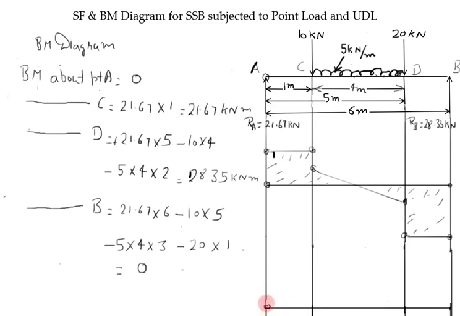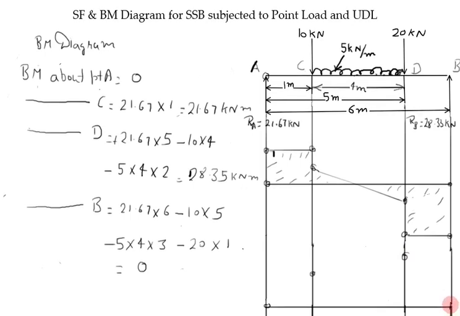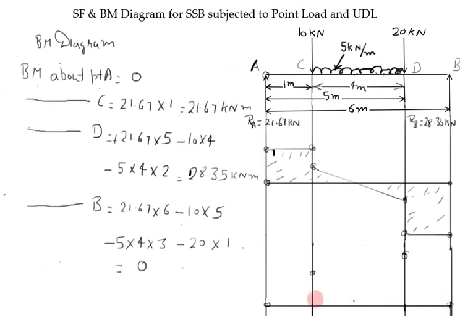Now plot all these points on this reference line A. Now A has got value 0, C has got 21.67, D has got 28.35, and B has got 0. Now join A to C with the straight line, then C to D with curved line.